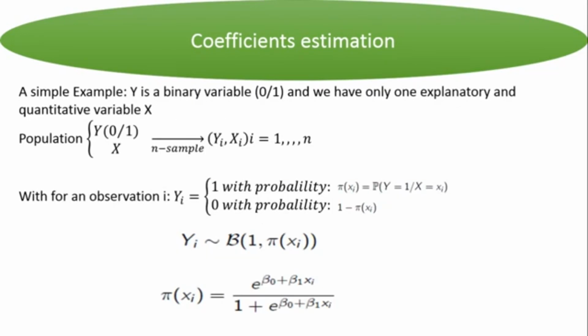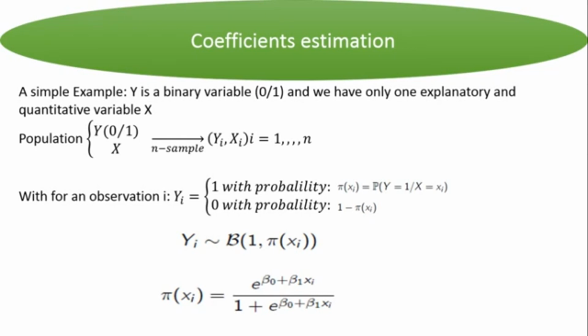First, let's take an example of a binary variable that has only two modalities, 0 and 1, and we have only one explanatory quantitative variable x. We have our population, and an n-sample of our variable.